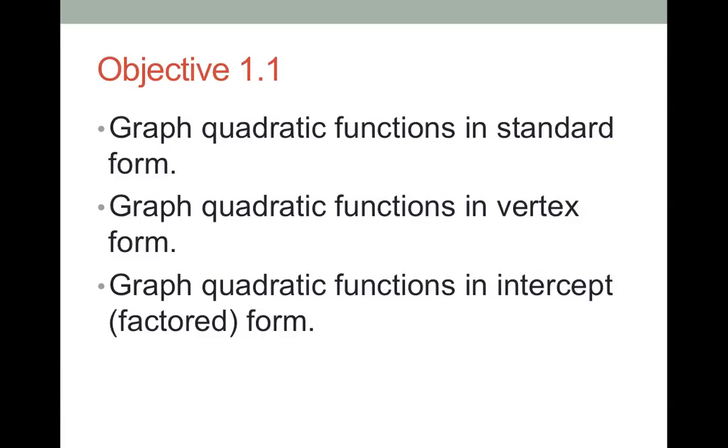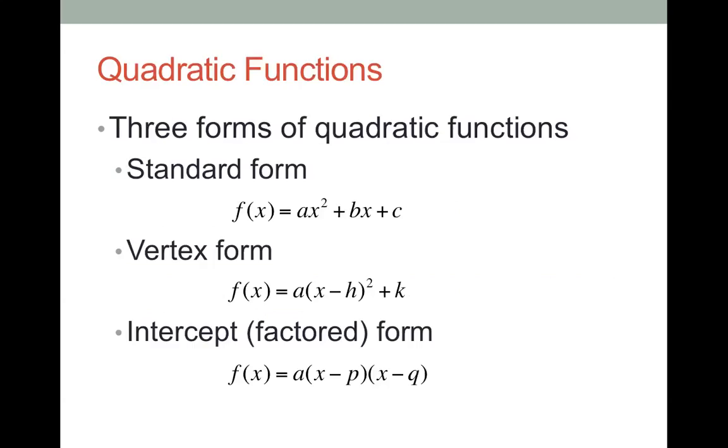And you can see here we want to be able to graph a quadratic function in whatever form it may be in. So there are three forms that quadratic functions can take. There's what we call the standard form, which is f of x equals ax squared plus bx plus c. There's the vertex form, which is f of x equals a times the quantity x minus h squared plus k.